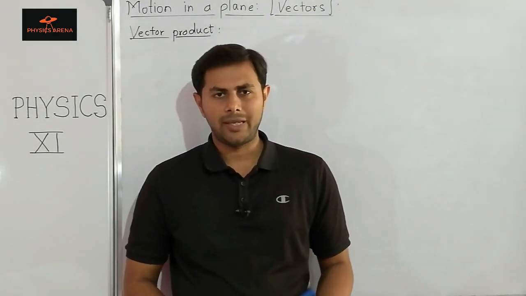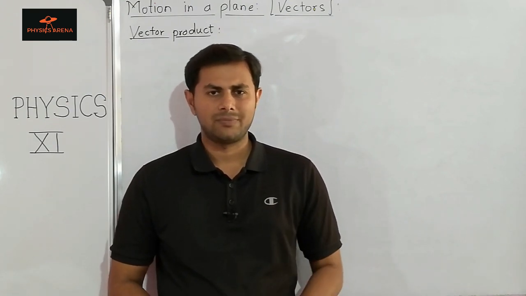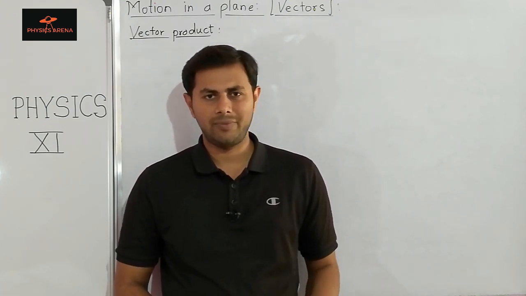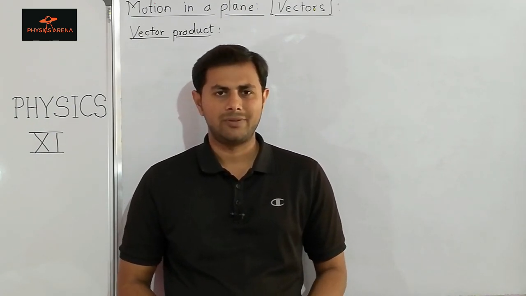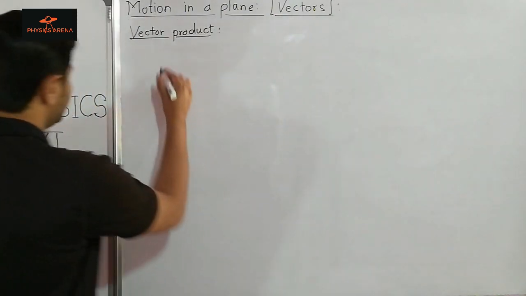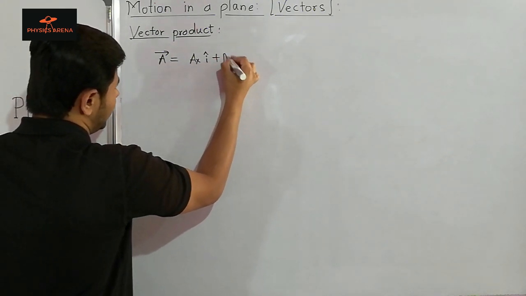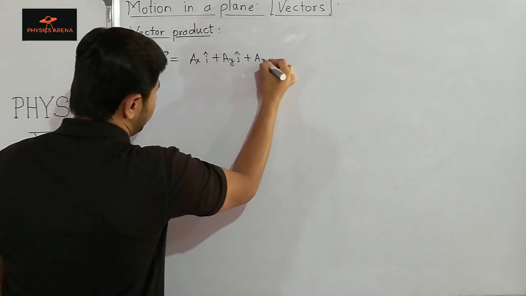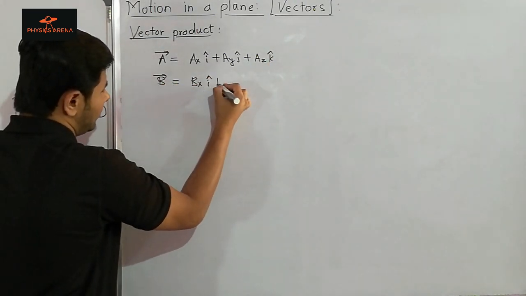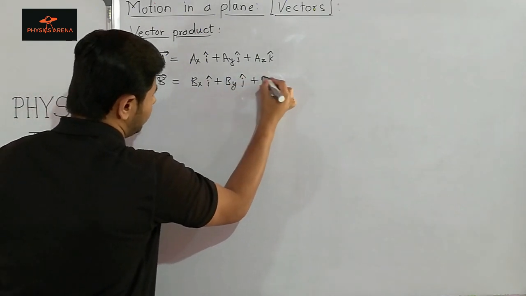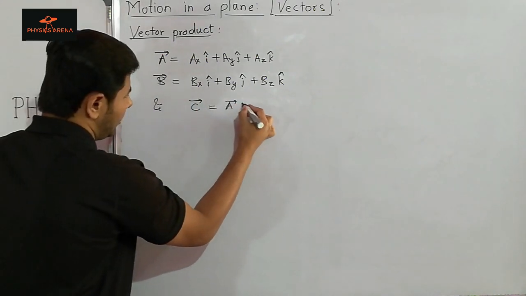Now suppose A bar and B bar, the two vectors, are given in their component forms, and C bar equals A bar cross B bar. So we have to find C bar in the component form. So let's do that. Suppose A bar equals AX into I cap plus AY times J cap plus AZ times K cap, and B bar equals BX into I plus BY into J plus BZ times K, and C bar equals A bar cross B bar.